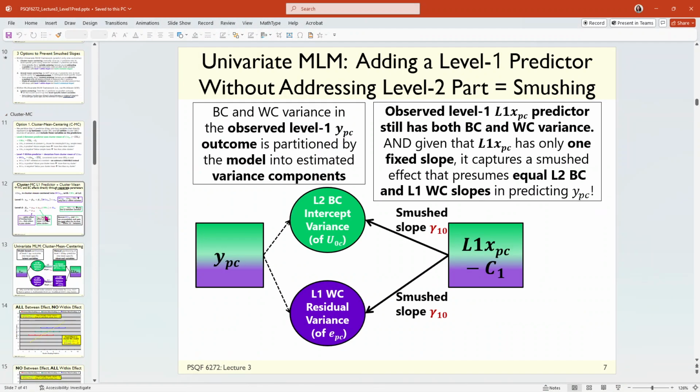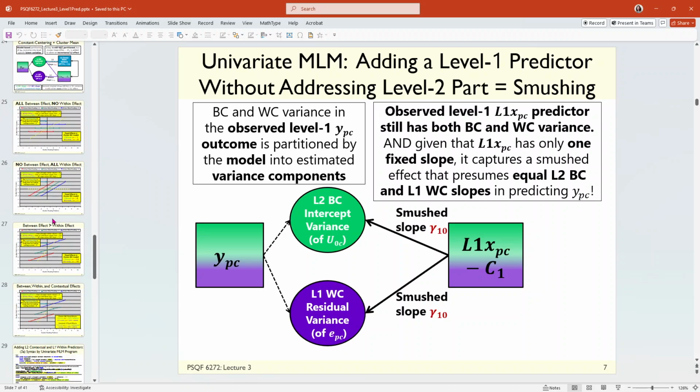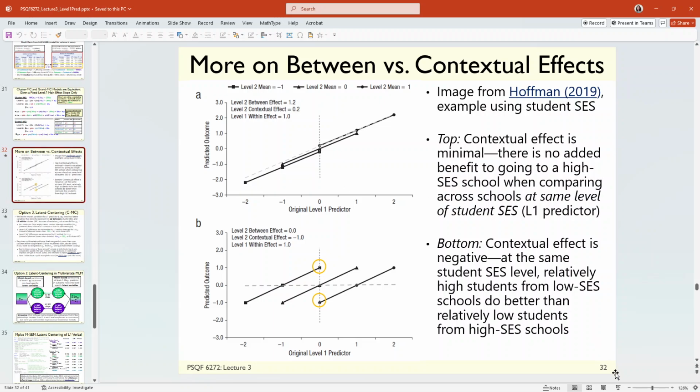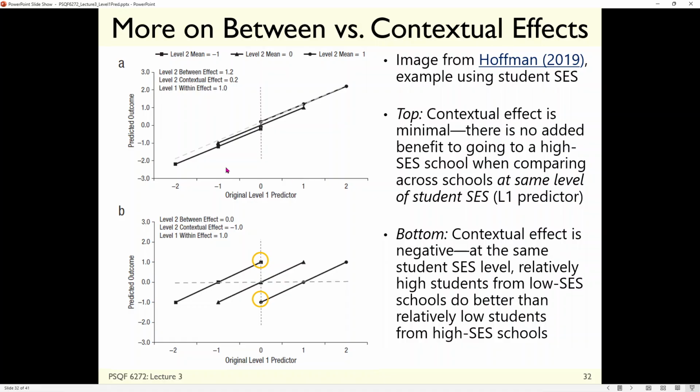I have a picture. Okay. Skipping ahead. This is slide 32. This is a generic drawing of a lack of a contextual effect and a contextual effect. This is from one of my papers on the topic.